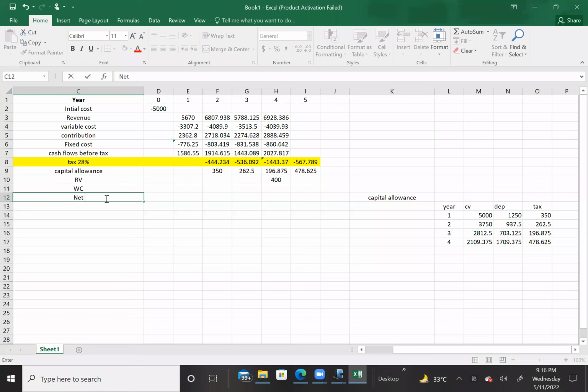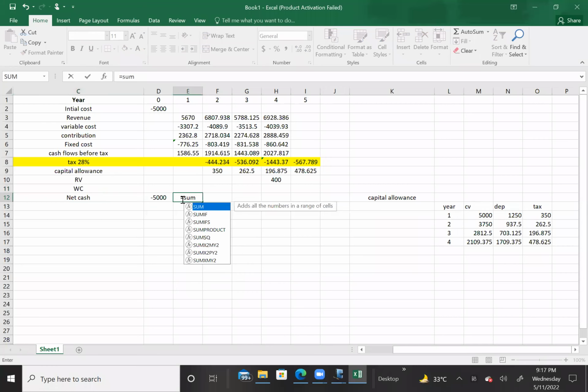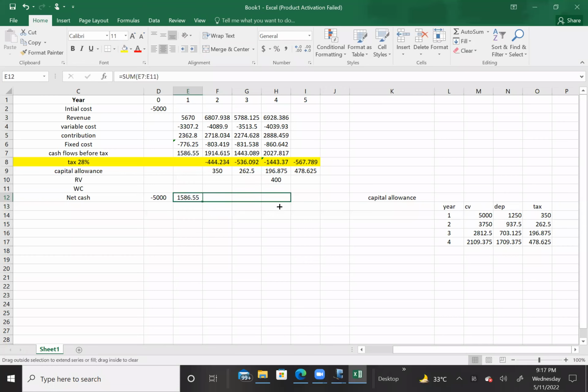So now the net cash will be determined. 5,000, and in year 1, it will be equal sum, open the bracket, and from this cell to this cell, from E7 to E11, you will select, press enter, and then simply drag it, you will get the net cash.